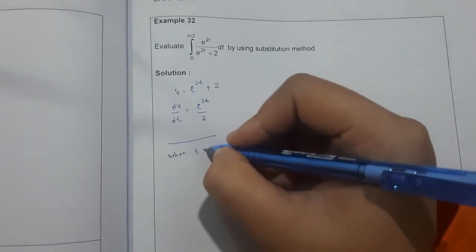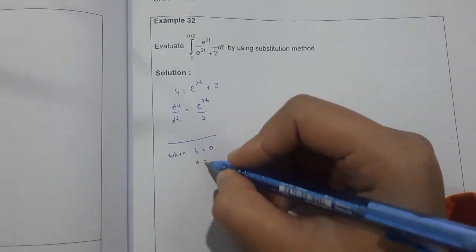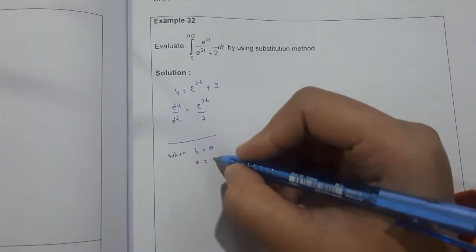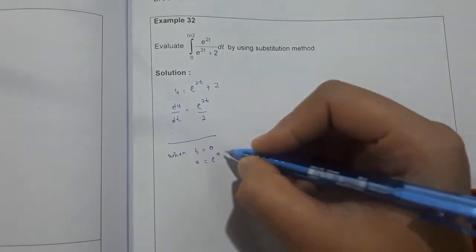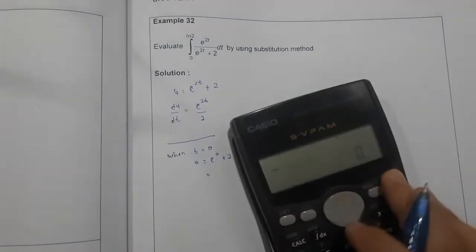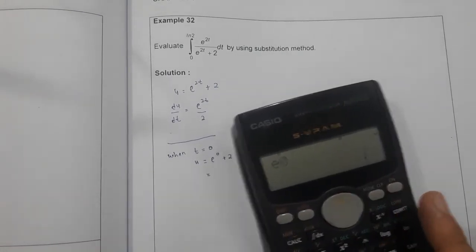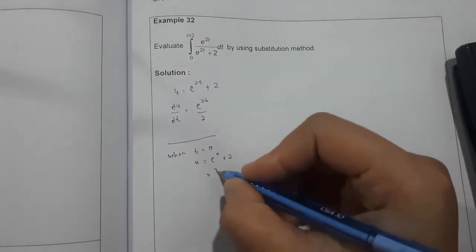And then let's change the limit. When t equals 0, u equal exponent 0 plus 2. Use your calculator. The value of exponent 0 is 1. So 1 plus 2 equal 3.